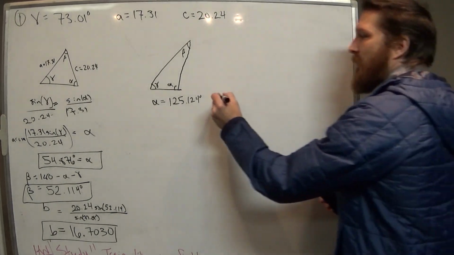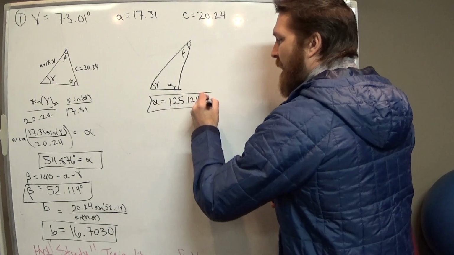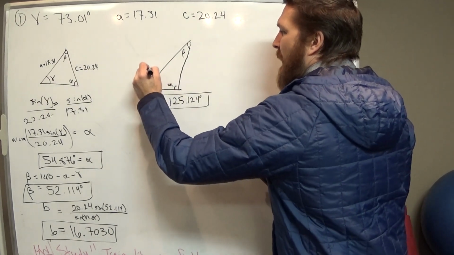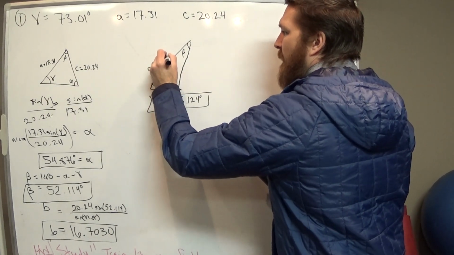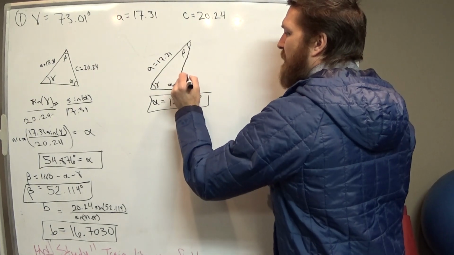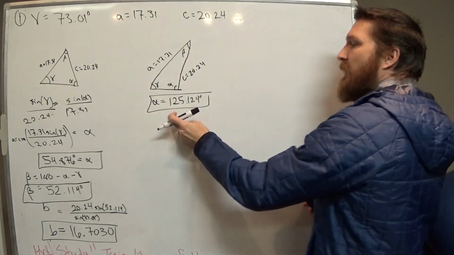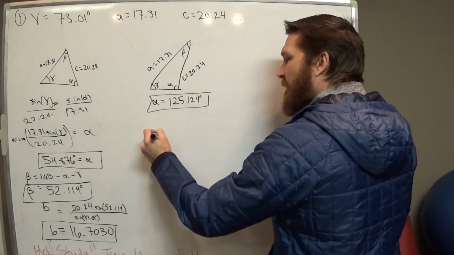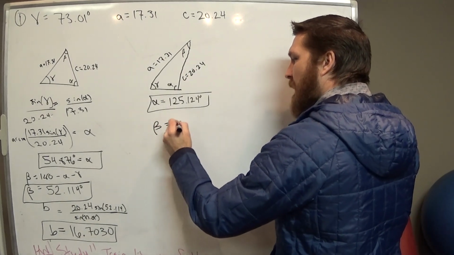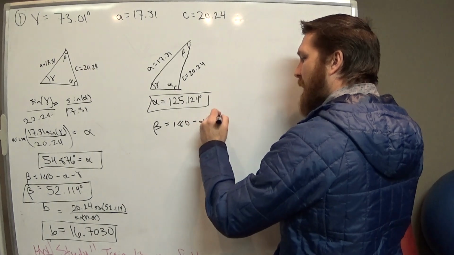Now we have our, moving over to here, we have alpha. A is given. C is given. So again, we need to find the same ones. If we know alpha, we know gamma, we can find beta, which is 180 minus alpha minus gamma.